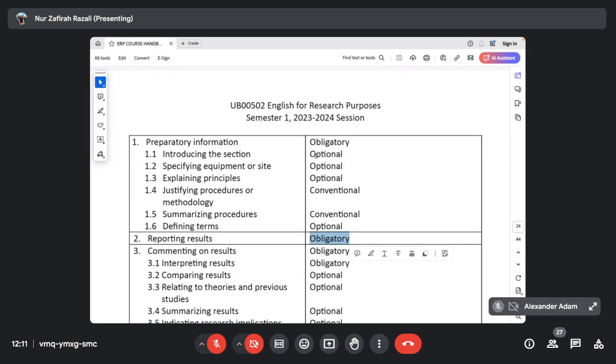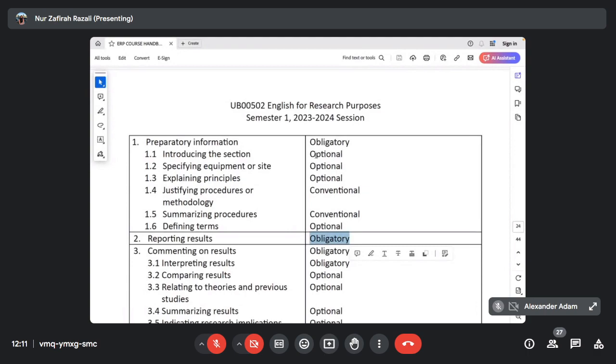Oh, senang je jawapan dia. It's optional because it's not obligatory. Why do you think it's optional? What does it mean here by optional? Okay, great. It's optional in the sense that sometimes it's there, sometimes it's not.